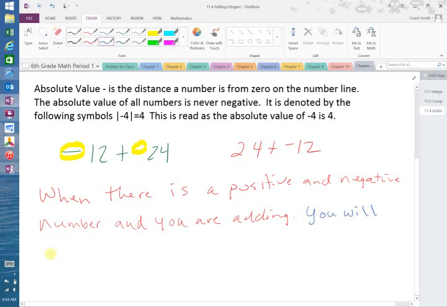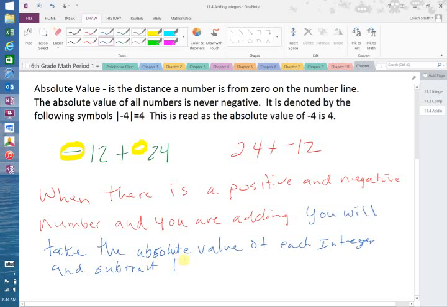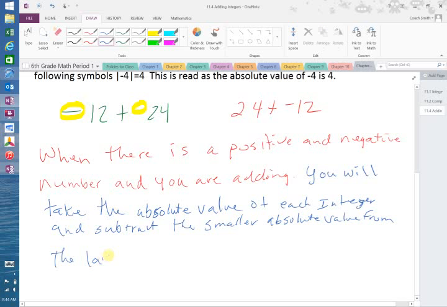You will take the absolute value of each number, we'll call it integer right here, each integer, and subtract the smaller absolute value from the larger absolute value.